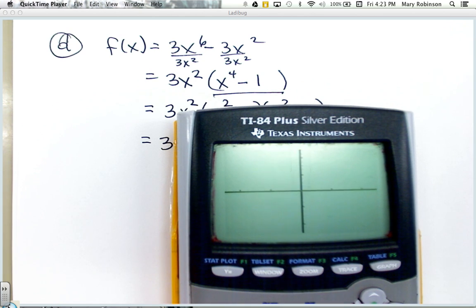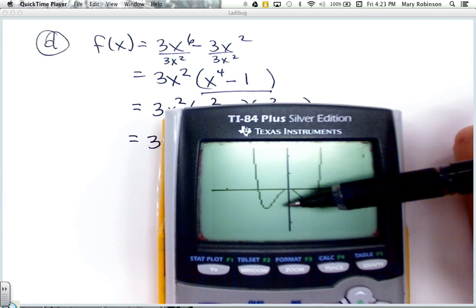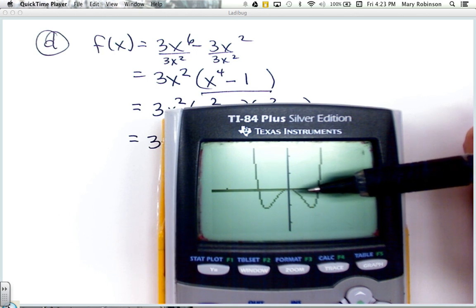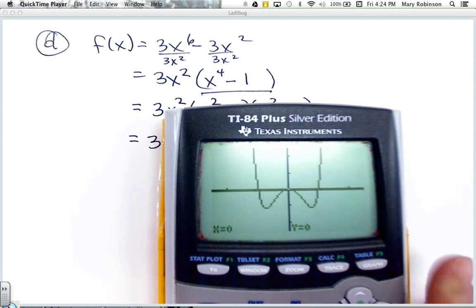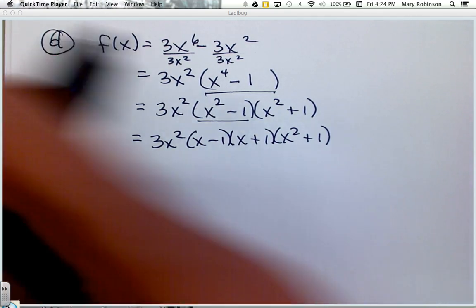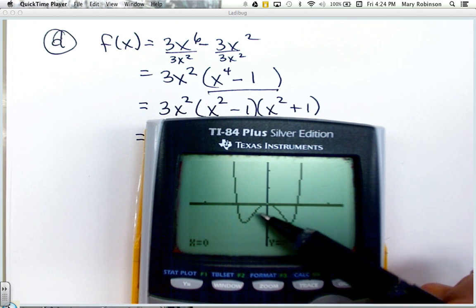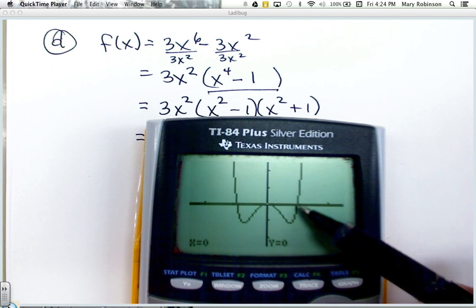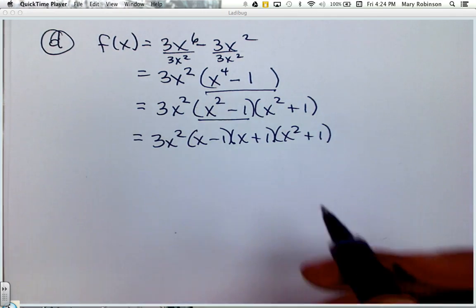So I'm going to hit zoom to enter so we can really zoom in and see what's happening. It crosses at -1, comes up and bounces off at 0. That should remind you that the multiplicity of that factor will be 2. And then it comes back up and crosses here again at positive 1. So let's see if we can verify that with what we've got. And by the way, since we have 1, and this one will count as 2 zeros, so 2, 3, and 4, we know that 4 zeros are real, meaning we should find 2 complex.